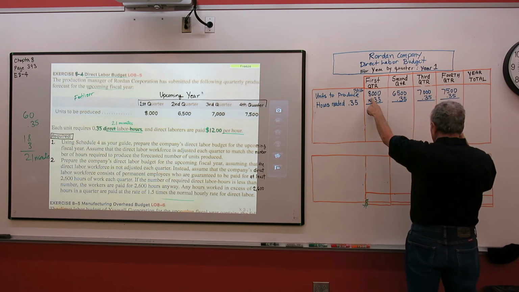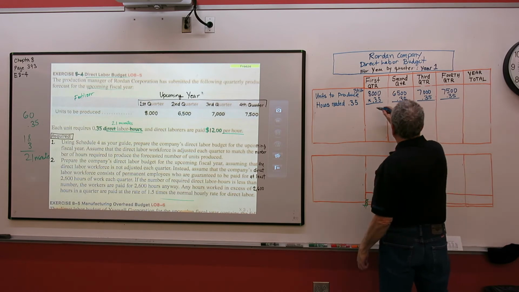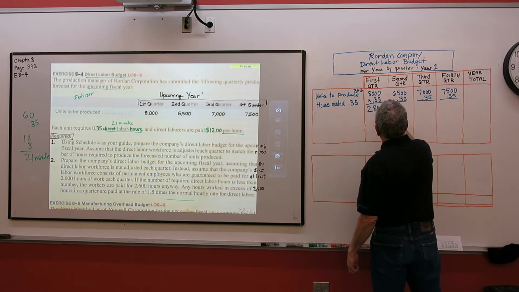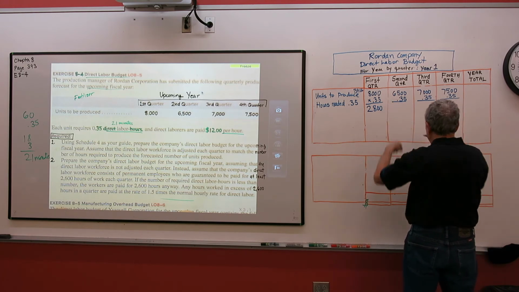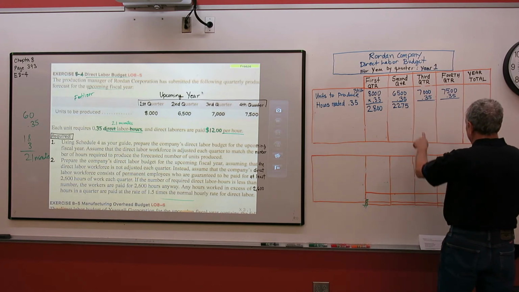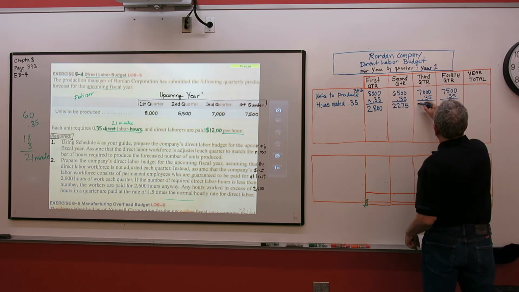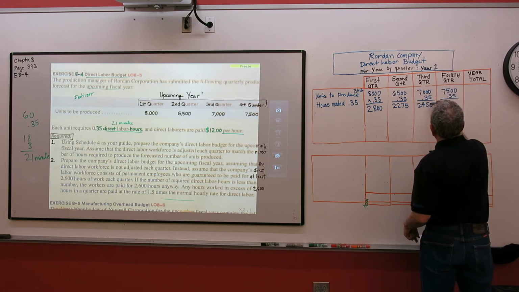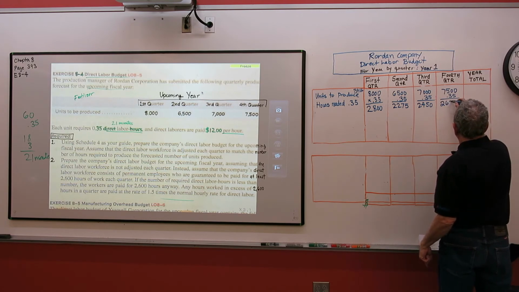And let me see, 3 times 8 is 24, 2,800 hours. Okay, and 3 times 6 is 18, 2,275 hours. 3 times 7 is 21, that's going to be 2,450 hours. 3 times 7.5 is 75, that's going to be 2,625.